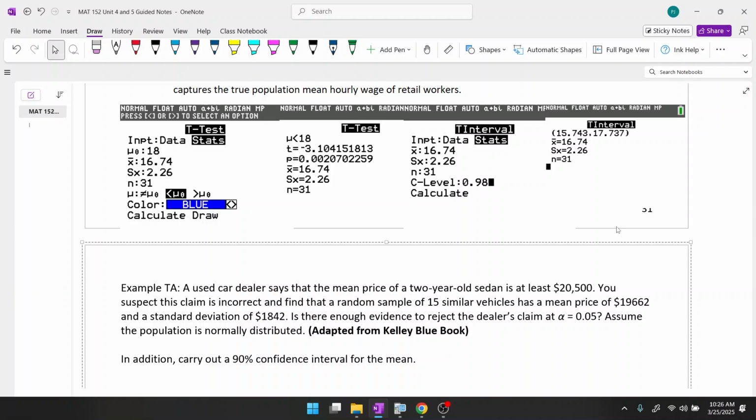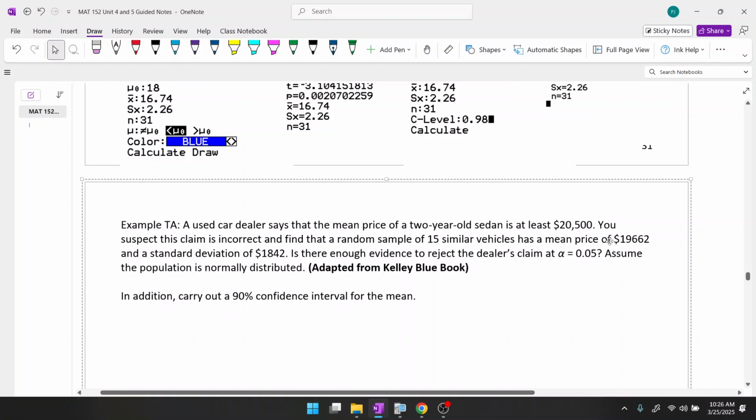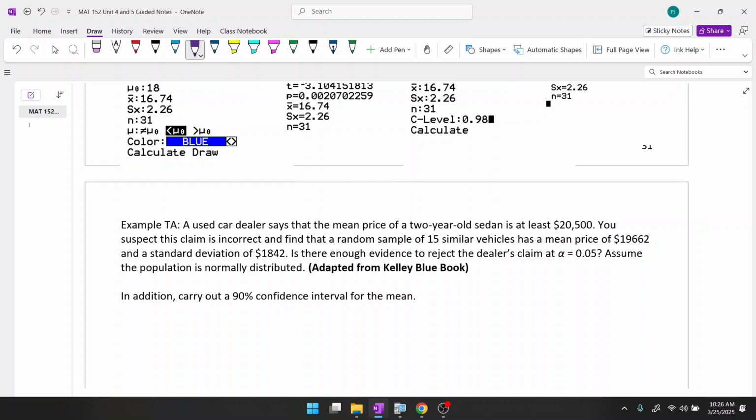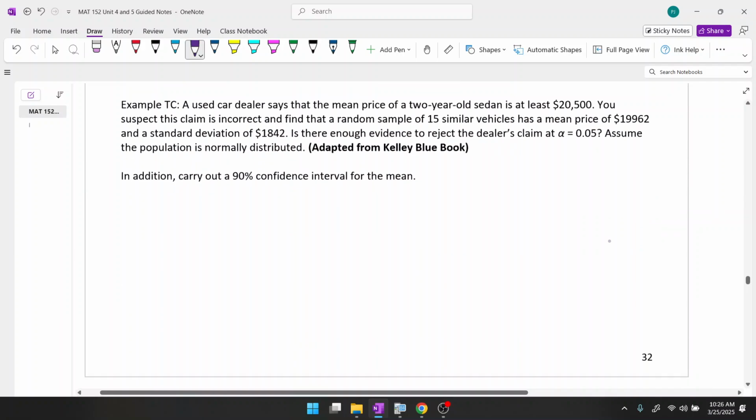All right, so with that in mind, what we're going to do here is we're going to do this for the t-test. We're going to see the marriage between the t-test and the calculator, and you think it's lower.